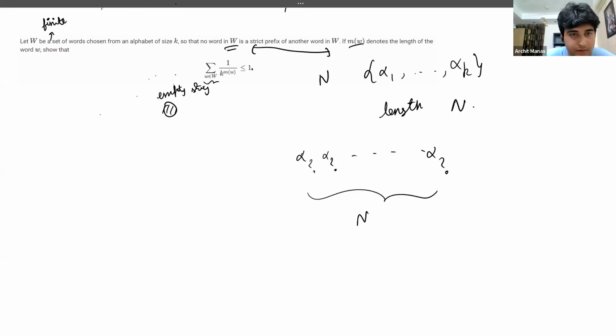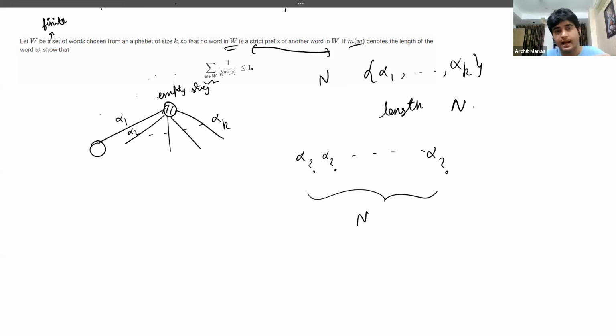and now you have a bunch of children, one child for every character, alpha 1, alpha 2, all the way till alpha k, right? And the child of the empty string for which the edge is labeled alpha 1, that is just the empty string appended with alpha 1.